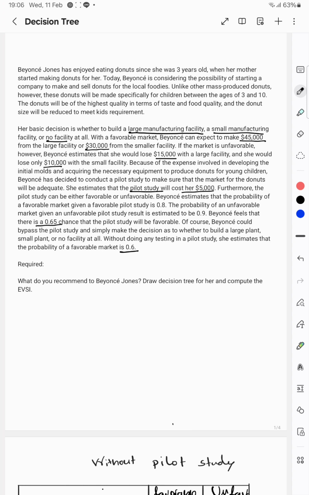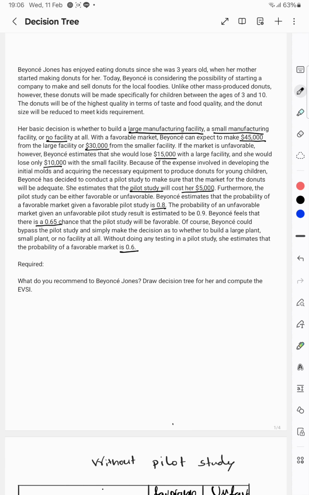Now there are conditional probabilities too. When the pilot study is favorable, the probability of a favorable market is 0.8, and with the same positive result, the probability of an unfavorable market is 1 minus 0.8, which is 0.2.